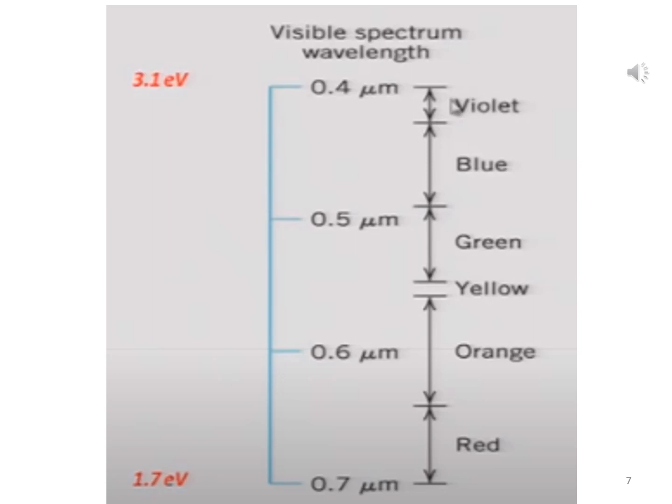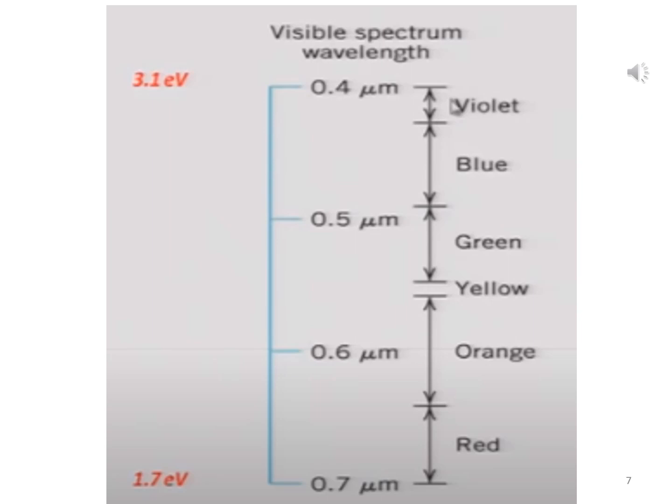And when it is above 600, then it will show orange color. And when it is around 680 nanometers, that could be 0.68 micron or 0.78 micron, then you are in the red color.